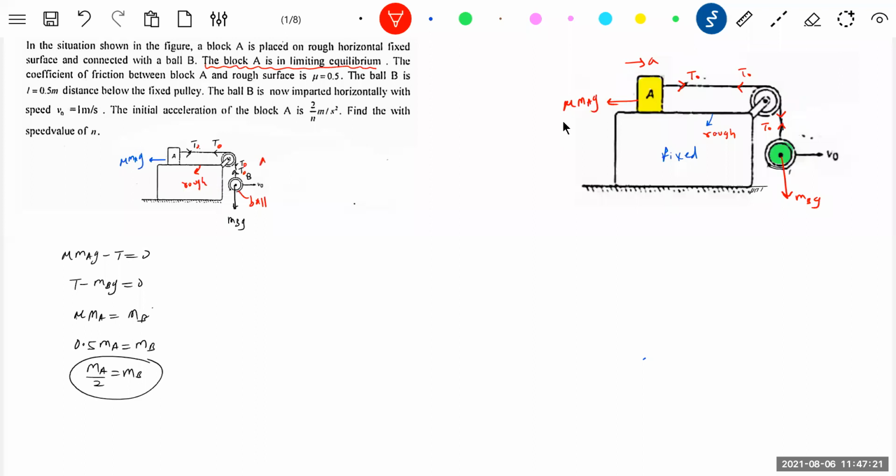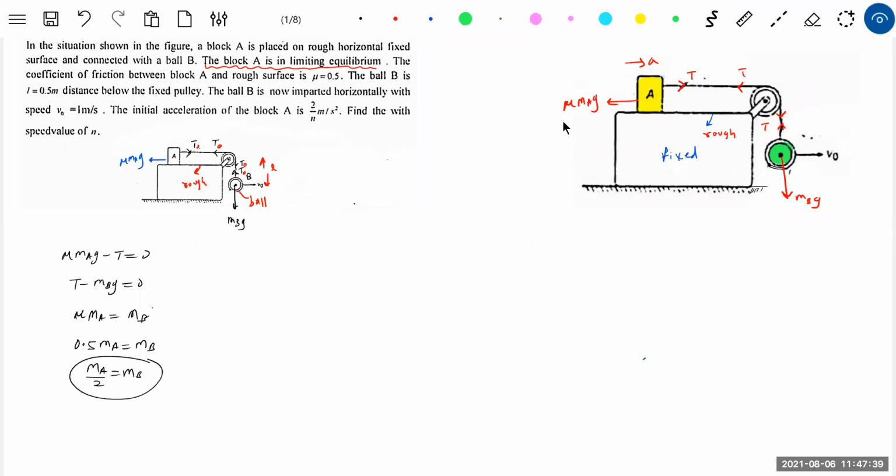This L, I'll show it here. Now come to this one. Now look at this block, as it is accelerating, the tension is no longer T naught, some other value, let it be T.